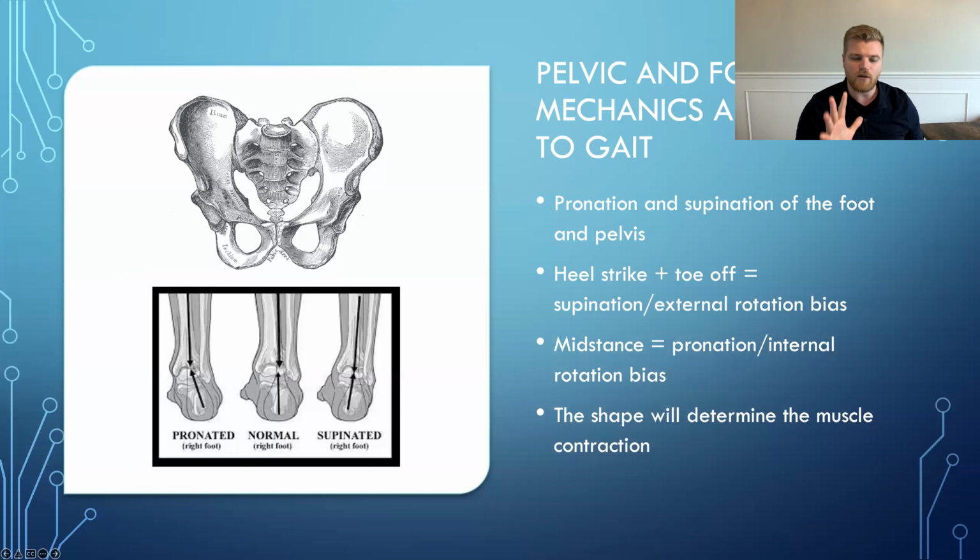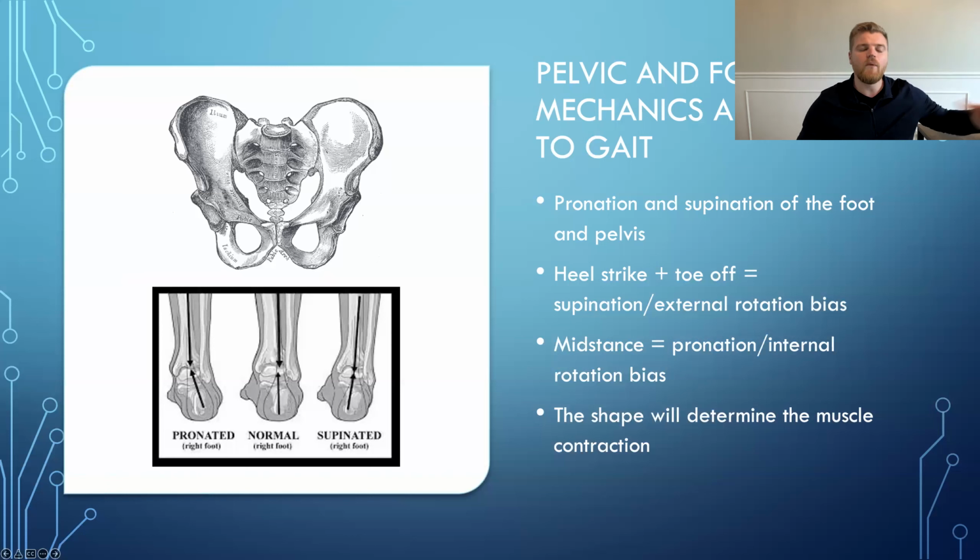It's millimeters that we're talking about. But the muscle contractility changes, depending on the shape or depending on the forces, that's what we're really talking about. We're talking about how those muscles will squeeze or compress certain areas of the pelvis to change the shape in order to distribute forces more effectively.